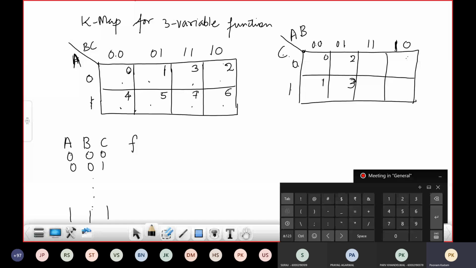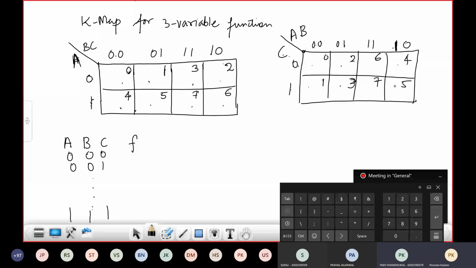So 1, 1, 0 is 6. And this one, 1, 1, 1, which means 7. Right? So if you label it in this way, MSB starting from here, A, B, then C, your minterms will be 0, 1, 2, 3, 4, 5, 6, 7. I hope it is clear.